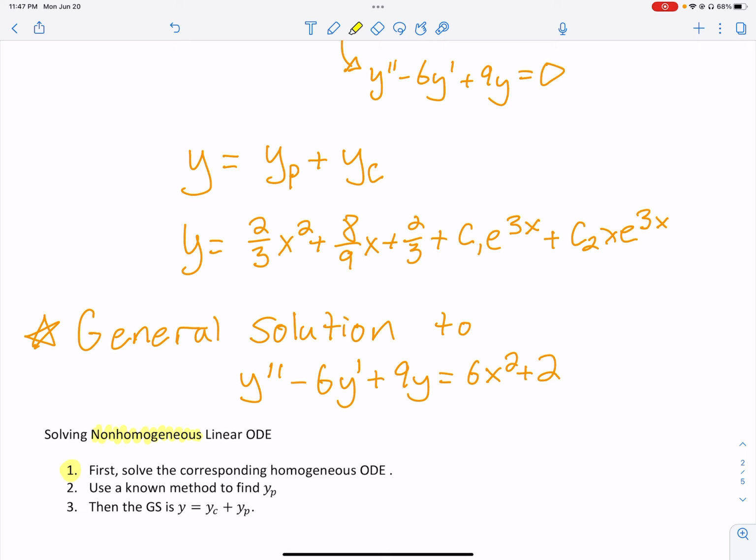It's a simpler case. Then we're going to use a method to find a particular solution to the actual dE given, and then we can grab our general solution in the third step by just taking those two things and adding them together. All right, that is our global picture of where we're going. We first, though, need to work on solving our homogeneous case.